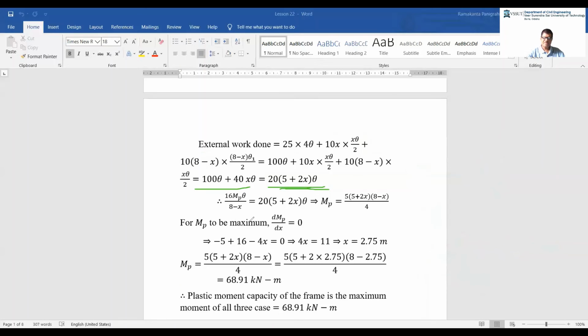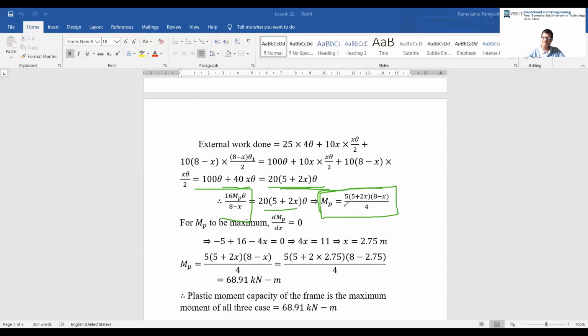So now 16 MP by theta by 8 minus x is the internal work done, and that is equal to the external work done. So MP now comes. Here this MP is in terms of x. Now what we have to do? We have to find the maximum value of MP, because the moment should be the greatest among all the values.